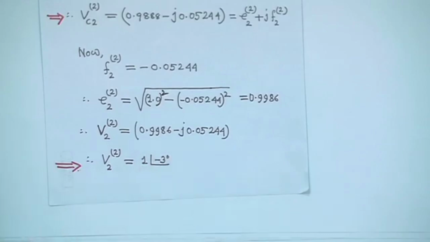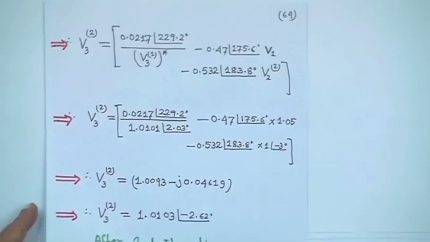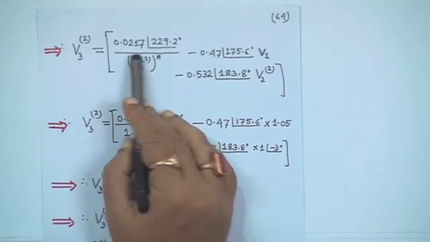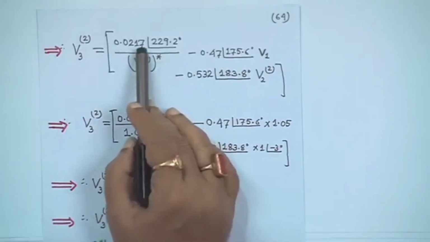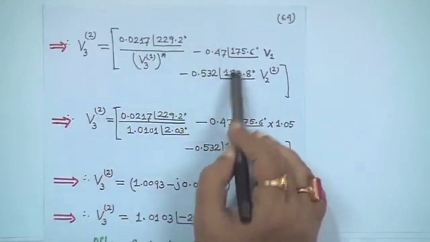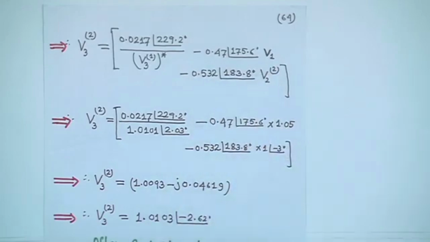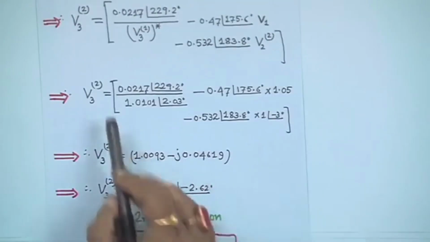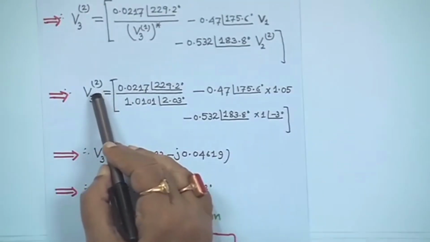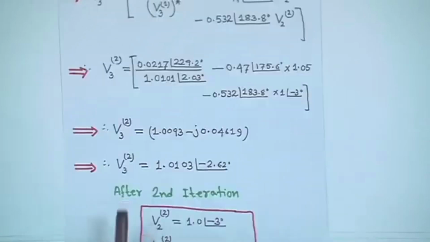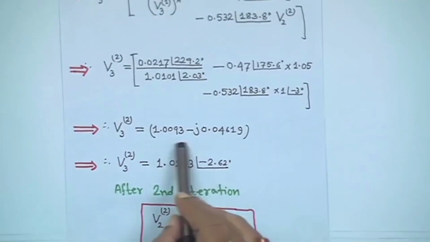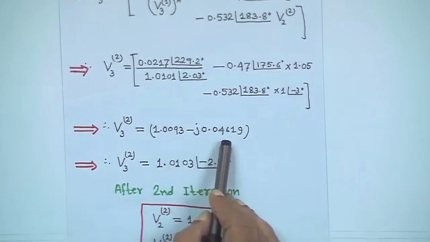In a similar way you can compute V3. Again you compute all these values; these remain constant because they are already computed, and only these values you have to substitute. Therefore, V3 in the second iteration comes to 1.0093 minus j 0.04619.